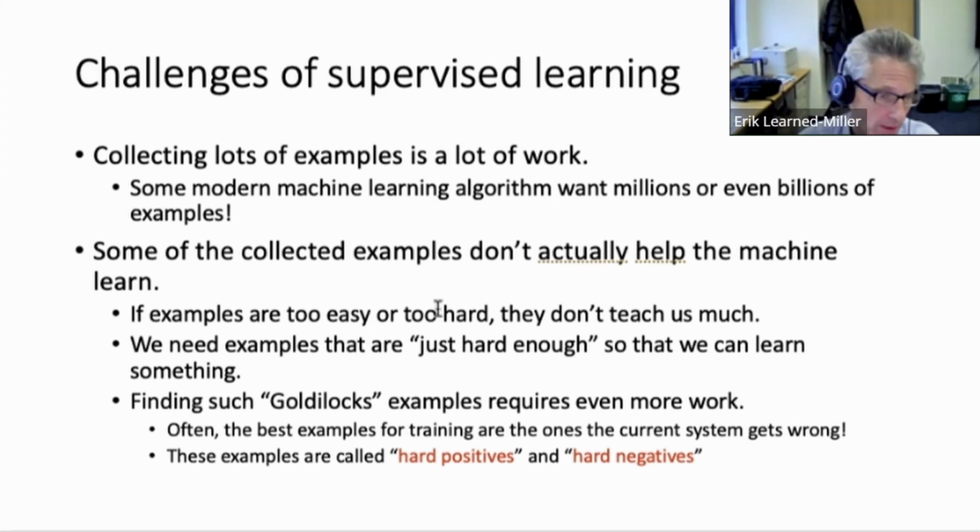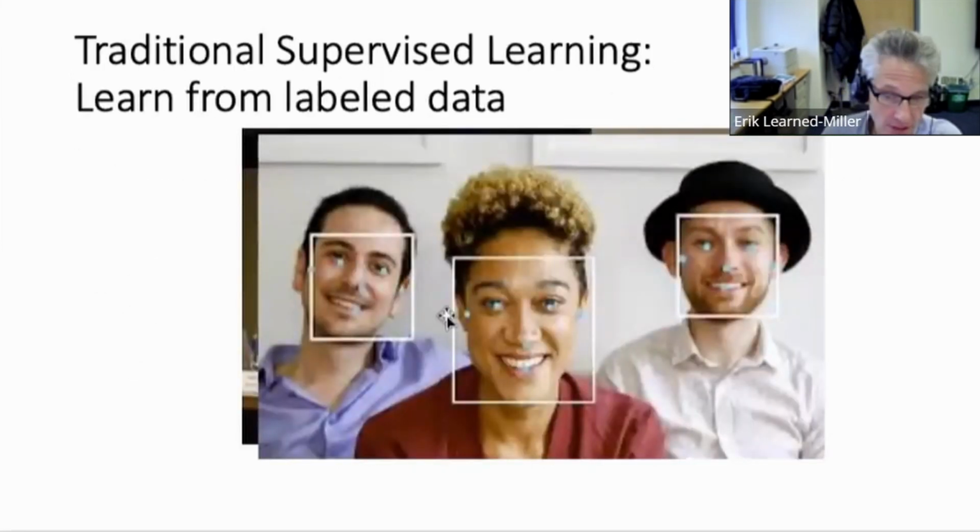But first, one of the big problems is this is very expensive and it's a lot of work, okay? So, you know, in order to produce images like this one that show where the faces are, you have to have a person go in and put a little box on every face, right? And to do that millions and millions of times might take you months and months and months, and you might have to pay people millions of dollars to prepare all this stuff, okay?